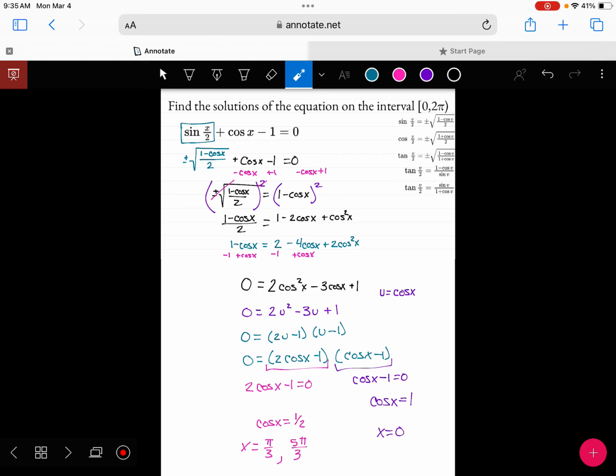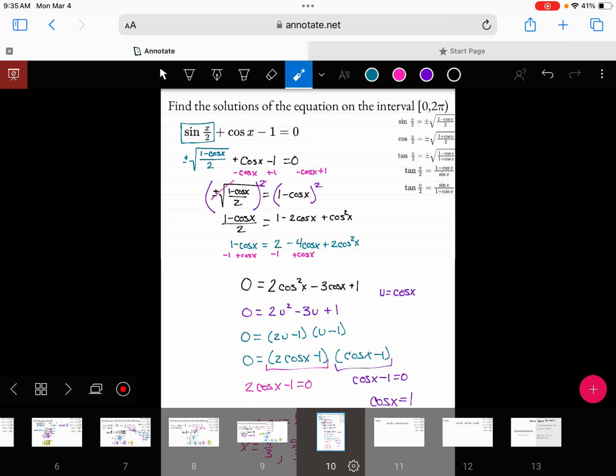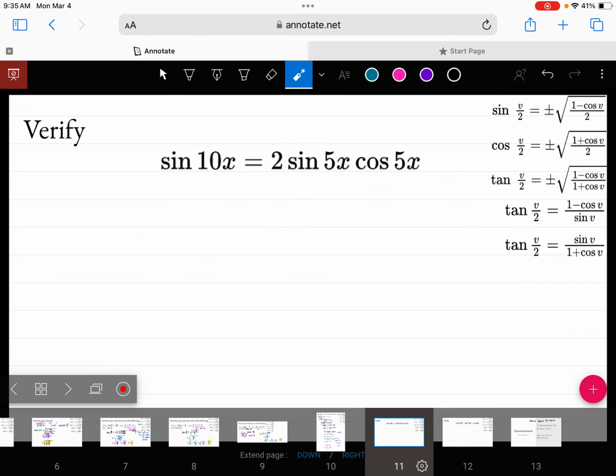So some of the questions we have in this section are going to be solving. Some of the questions we have in this section are going to be verifying. So we're going to do one of those next. It'll say something like this, verify.